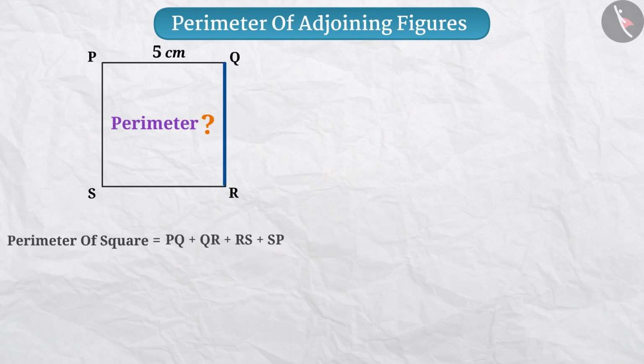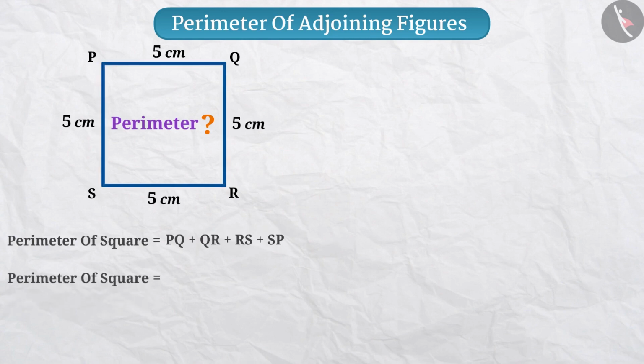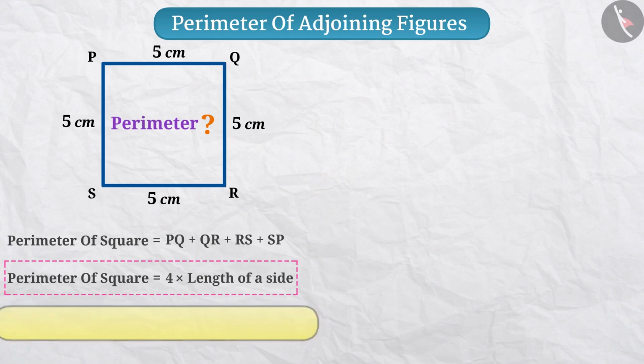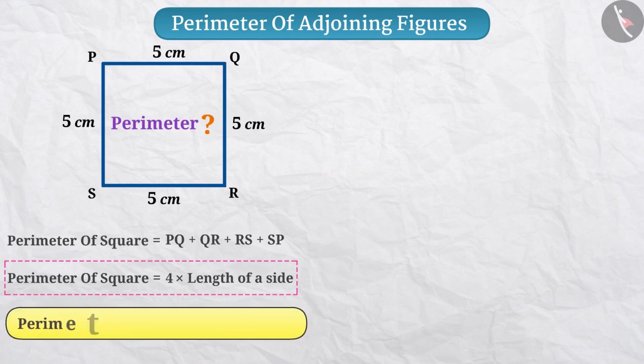But all the sides of a square are equal. So, the perimeter of the square is 4 multiplied by the length of a side. If you know the length of the side of a square, then by using this formula, you can find the perimeter of that square.